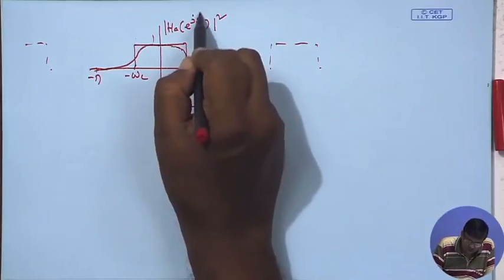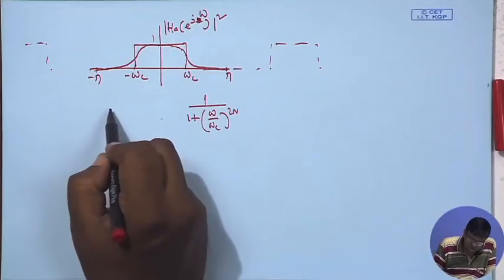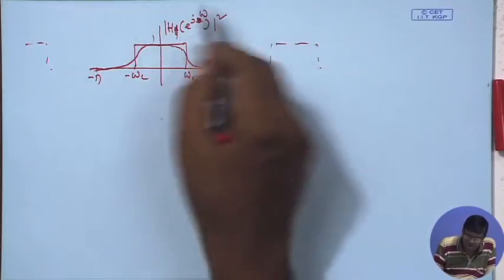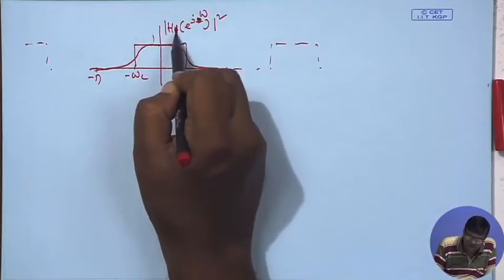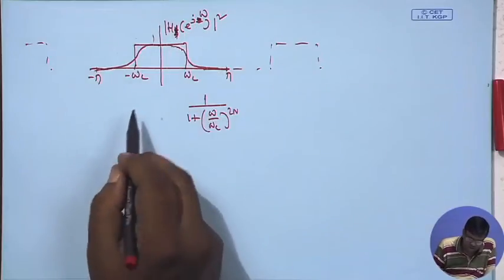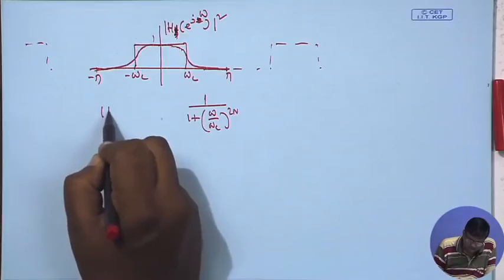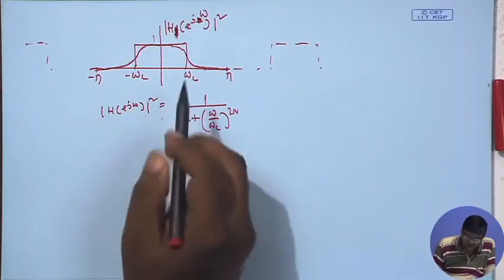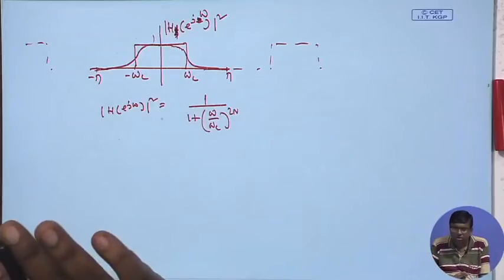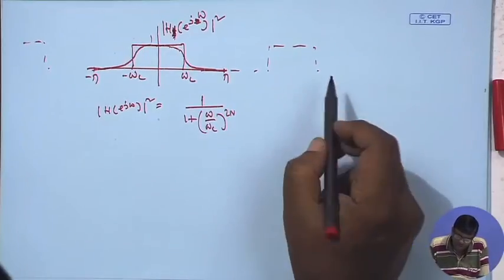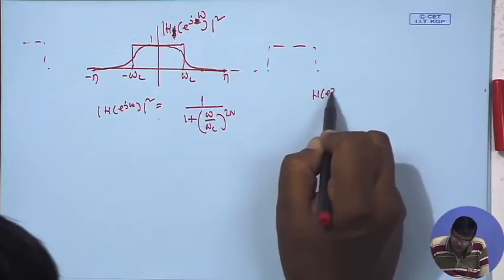Sorry, this is small omega, I am very sorry. This is not HA anymore. This is a bad habit. I was going on with HA, so HA is coming here. It is purely digital, so there is no HA, there is no capital omega in this diagram. So, this should be my Butterworth filter. Ideally, this should be a digital Butterworth filter. But the point is, what is H(e to the power j omega)?